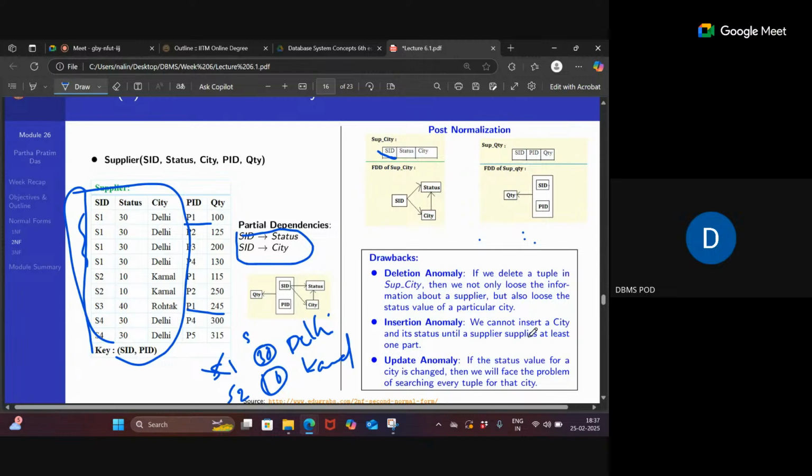Insertion anomaly: we cannot insert a city and its status until a supplier supplies at least one part. And update anomaly: if the status value for a city is changed, then we will face the problem of searching every table for that city and updating everywhere. Here, after decomposing, only the deletion anomaly is described, while before decomposing the insertion anomaly and update anomaly also persist.